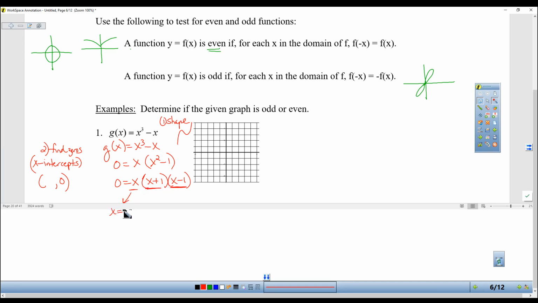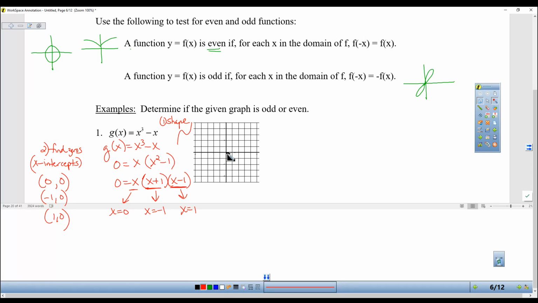If x is 0, that'll make the whole entire equation 0. If x is negative 1, because negative 1 plus 1 would make this 0, and then 0 times anything would make 0. Or if x was equal to 1. So there are 3 x-intercepts. And honestly, that is all you need to know.